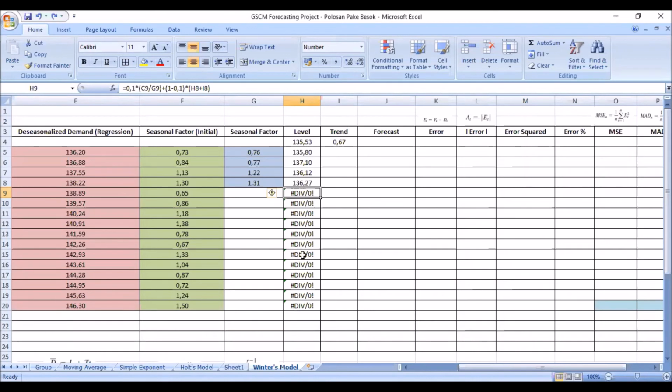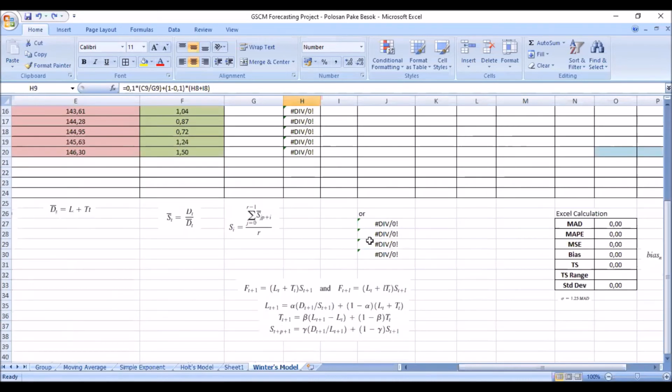And then after we have found the level, we're going to move on to the trend. It's just going to use this formula, and keep in mind that this division can also be found after we have finally found the seasonal factors.